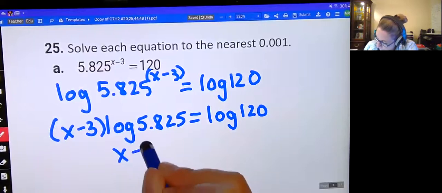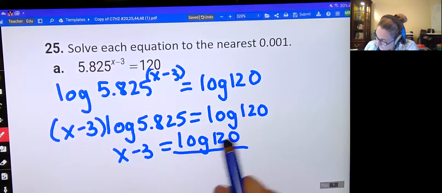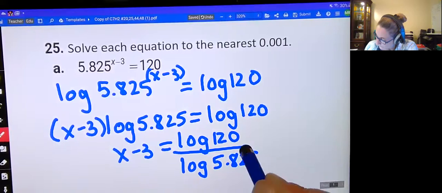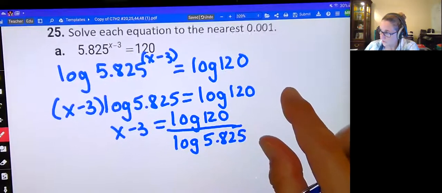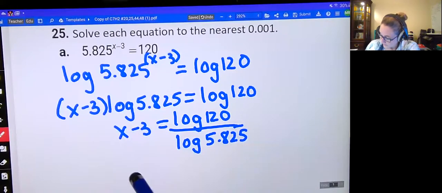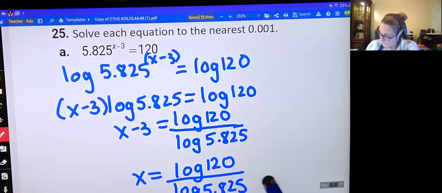So I'm going to have x minus 3 equals log of 120 divided by log of 5.825. Now this is just a number. I'm going to keep this here and put it in my calculator at the very, very end. That way I don't have to round until the end. The last thing I need to do is get rid of this minus 3. So I'm going to add 3. So x is going to equal log of 120 over log of 5.825 and then plus 3.